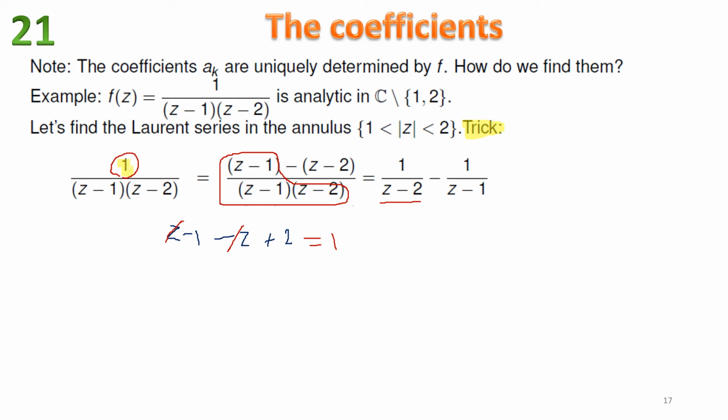The second term, this minus sign is retained here, and the second term is (z minus 2) divided by (z minus 1) into (z minus 2). So here we can eliminate z minus 2 upon z minus 2, and we are left with minus 1 upon z minus 1.